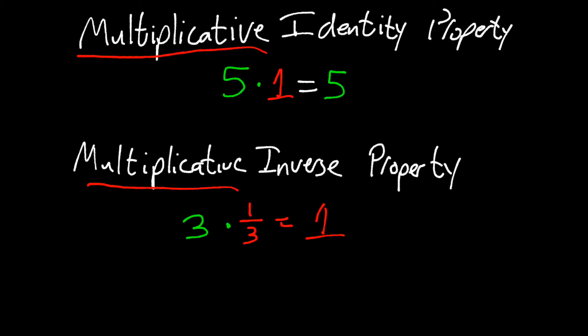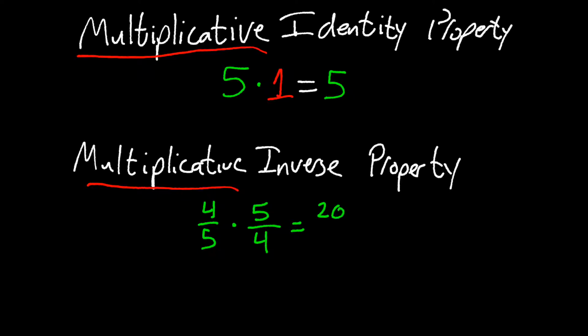Now, what if I have a more complicated number here for the multiplicative inverse? What if I have, let's say, 4/5? I can still multiply this by the reciprocal, which is 5/4. I just flipped the fraction.